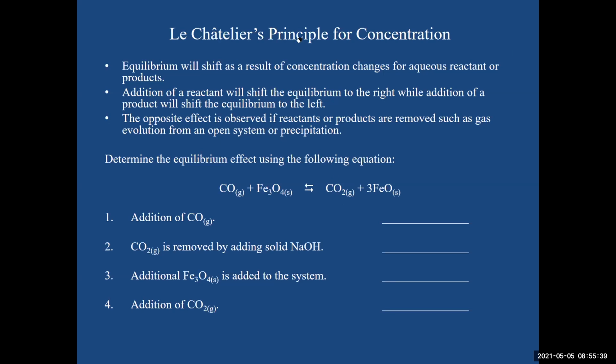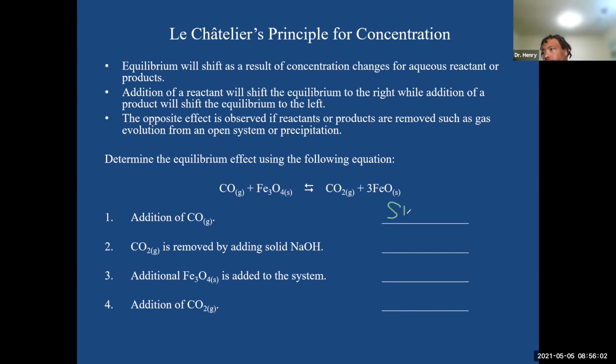So we have our system in equilibrium, and now we're pumping in more carbon monoxide. What's going to happen? Carbon monoxide is on the reactant side, so it's going to shift to the right. That's correct.